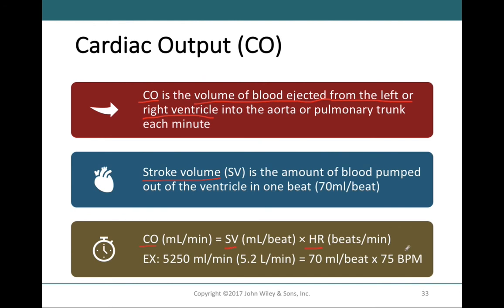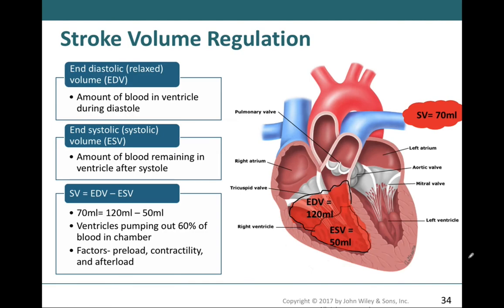Using our normal sinus rhythm of 75 beats per minute, we can multiply these together and end up with 5,250 milliliters per minute. But if we convert this, we end up with 5.2 liters per minute, which tells us that almost all of the blood in our entire cardiovascular system circulates through the heart every single minute. We got this number from the blood presentation, understanding that there's roughly 5 to 6 liters of blood that's found within the heart and the blood vessels.